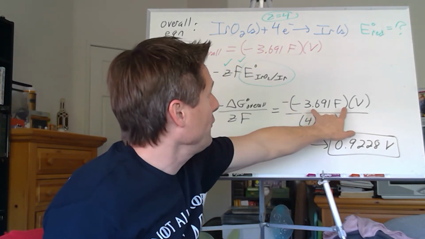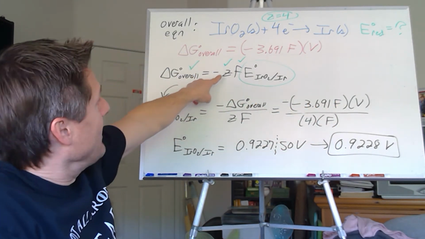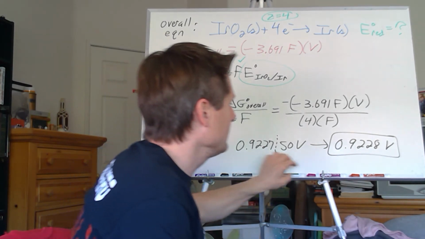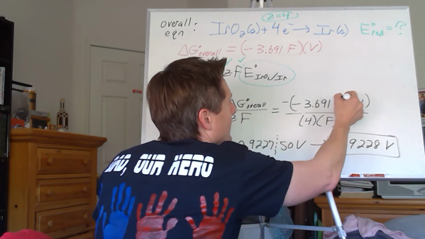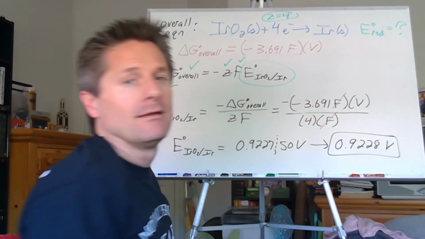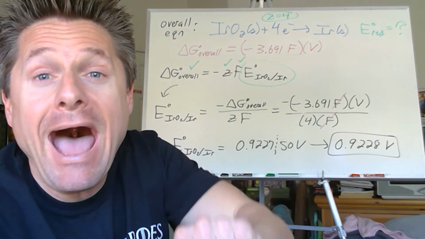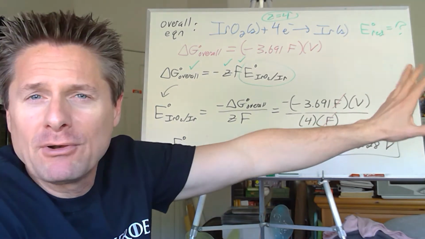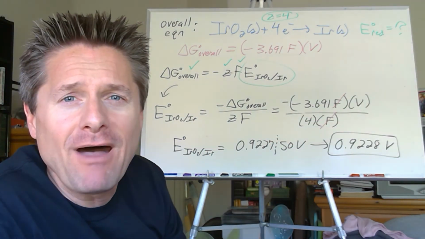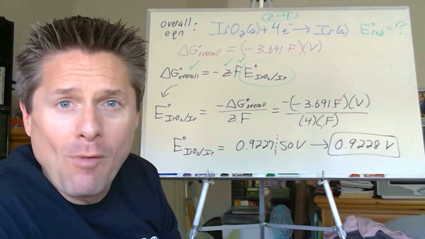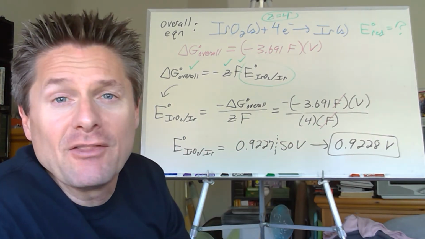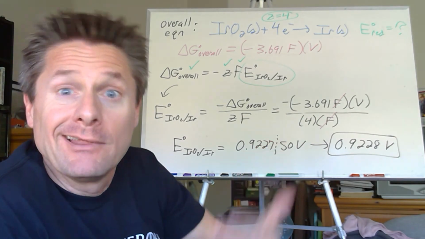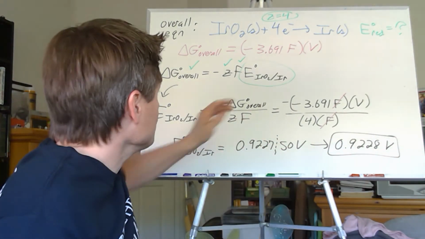So I'm just bringing this whole term down, divided by Z, which is 4, divided by Faraday's constant. Do you see what I see? Faraday's constant. Bye-bye. See you later. And again, you could have just calculated through with the 96,485 coulombs per mole, and it would all just cancel out in the end. It's a little more work to do it that way still, but if you don't like this, just do the math, right?